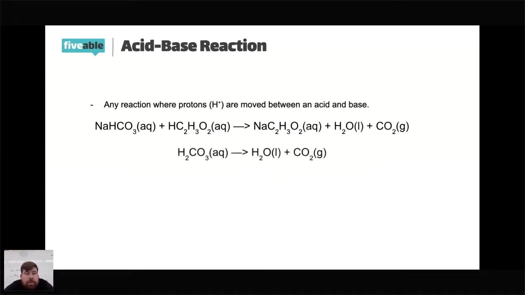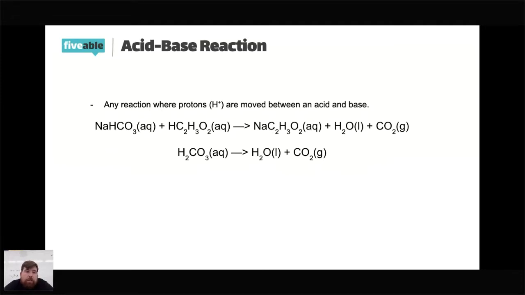Carbonic acid spontaneously decomposes into water and carbon dioxide when in water. And that carbon dioxide that we see is the bubbles that are produced in that specific acid-base reaction. I do want to point out that not all acid-base reactions produce bubbles, but when they produce carbonic acid, that's absolutely the case because carbonic acid will just spontaneously decompose into H2O and CO2.